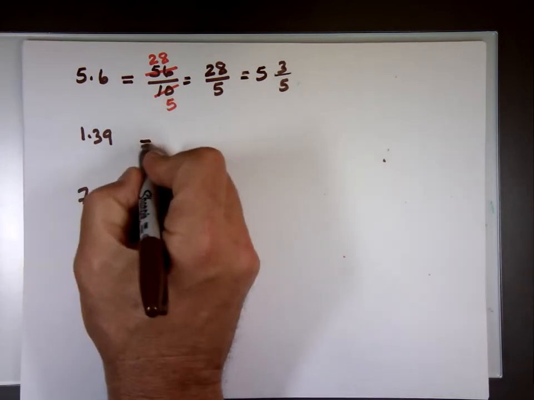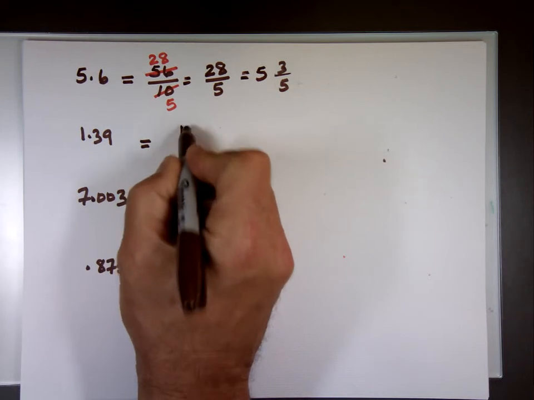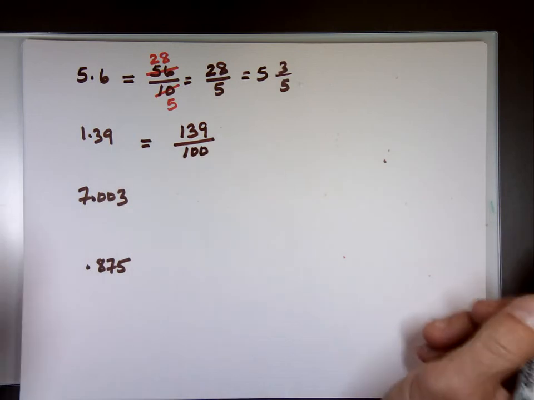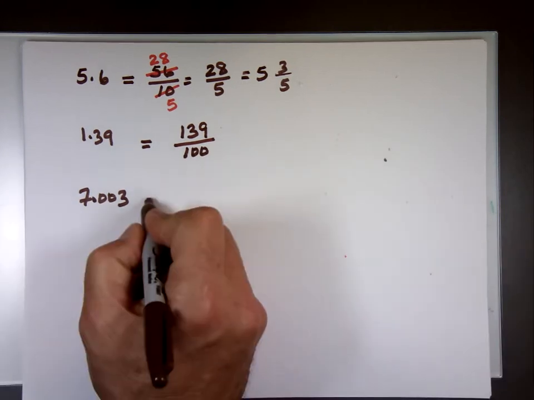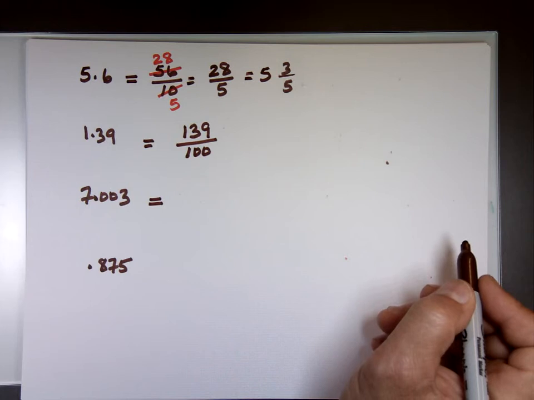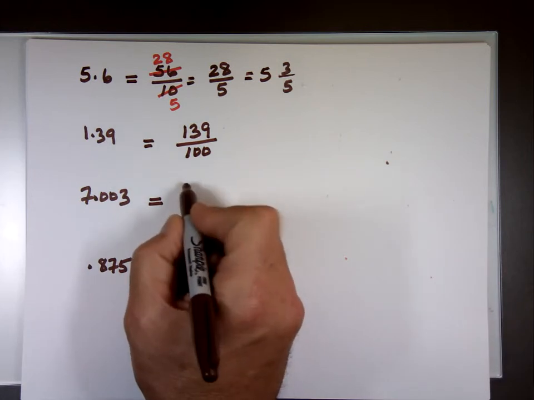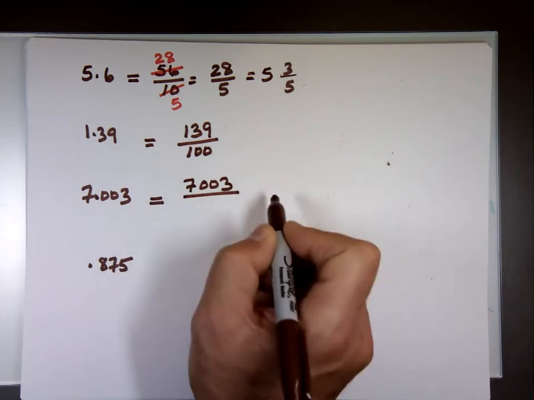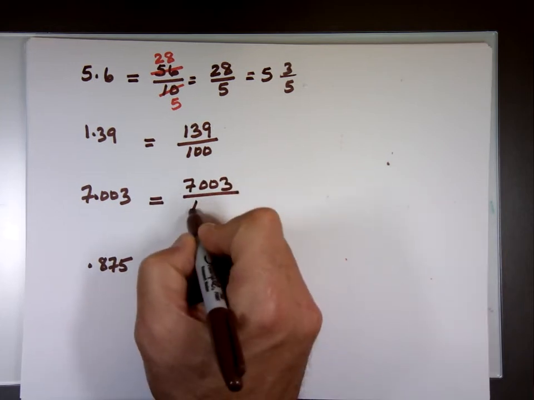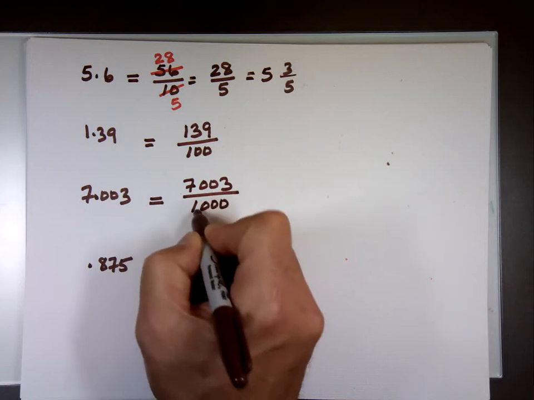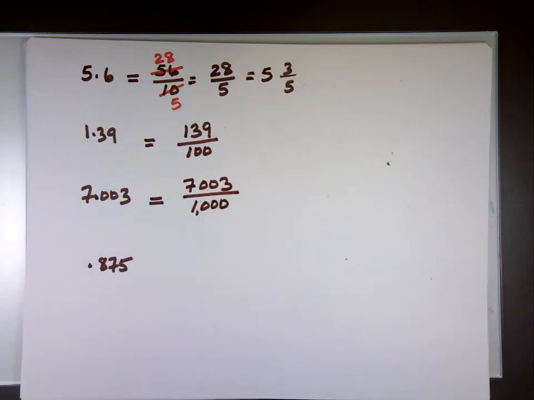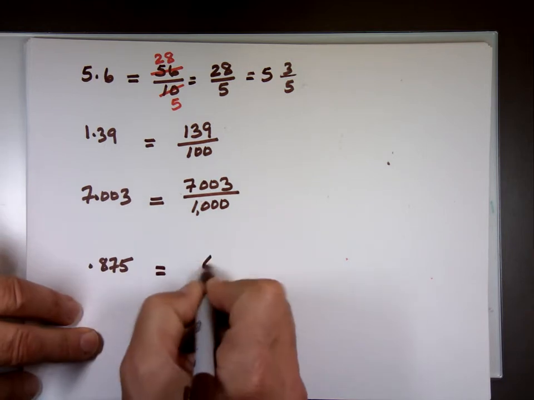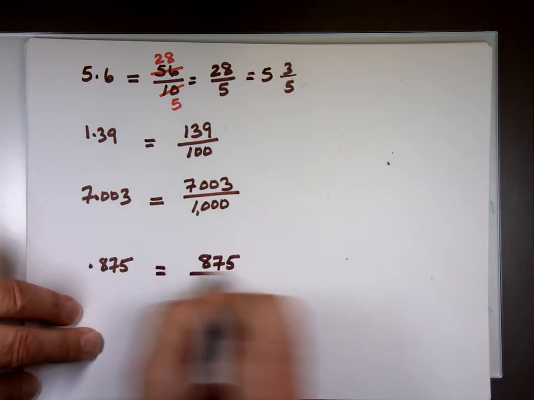1.39, that would be what? 139 over 100. I don't think I can simplify that. This one: 7003 over what? Try again. 1,000. And the last one, 875 over 1,000.